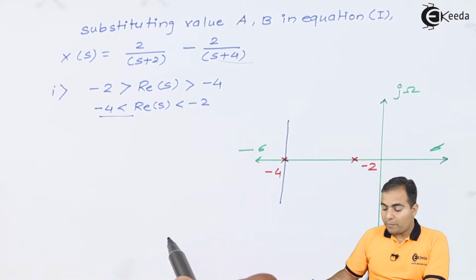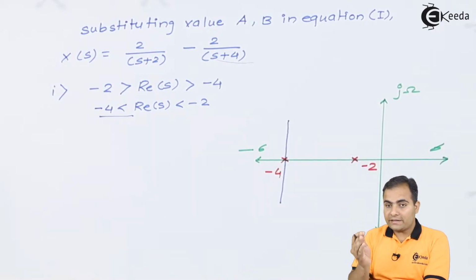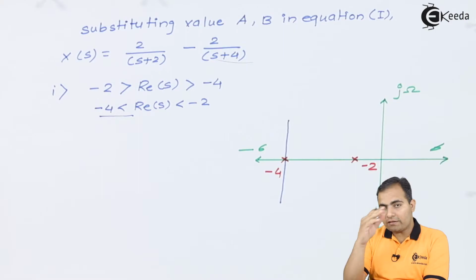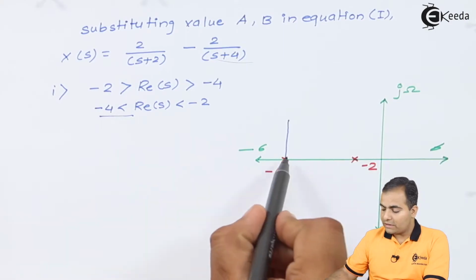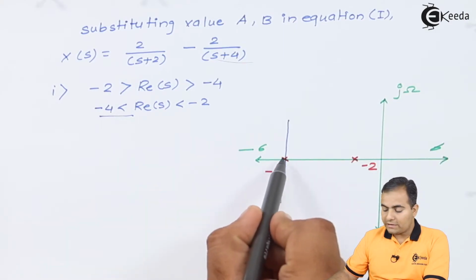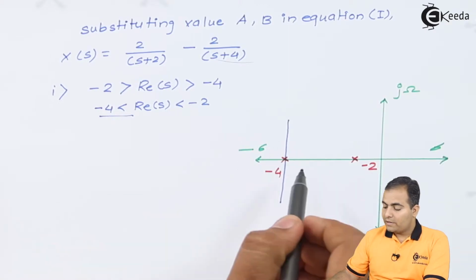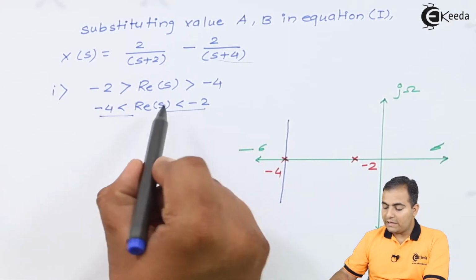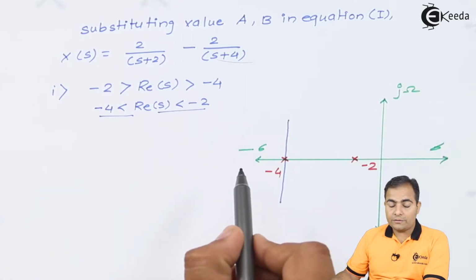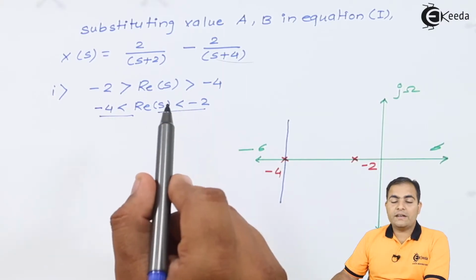So according to properties, if the ROC is right-sided, then the ROC will be on the right side of the rightmost pole. So your ROC is available on the right hand side of this pole. Now look at here. In this case, the real part of s is less than minus 2, which means this ROC is left-sided.